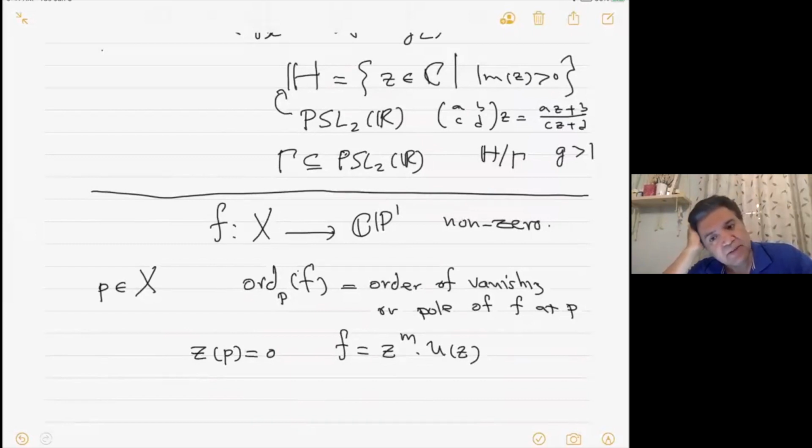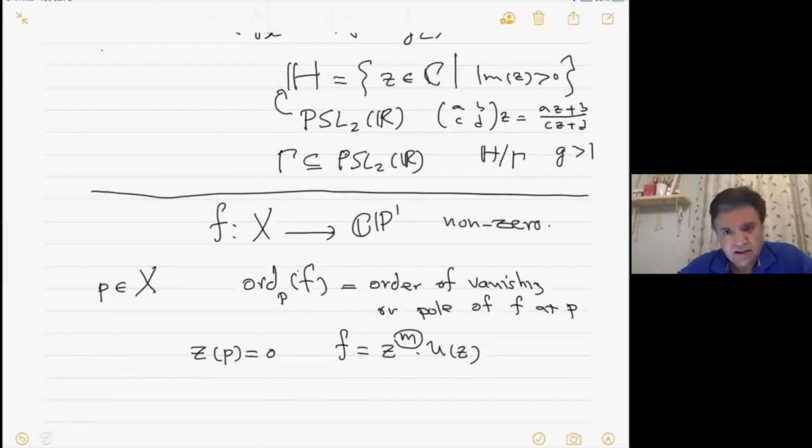This is very similar, for example, in number theory. When you have a rational number and you want to find the order of a prime p inside that rational number, you take all the powers of p inside that rational number, and what remains is a p-unit. And this number m is called the order at P.